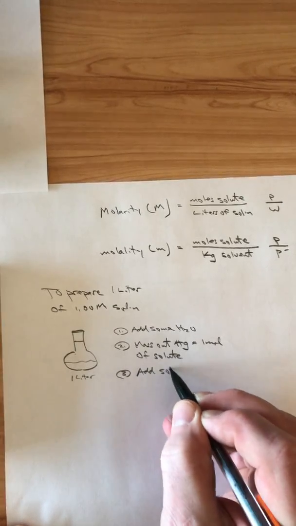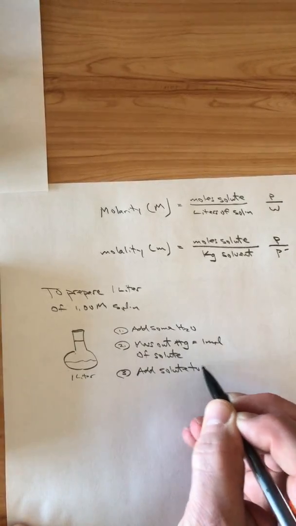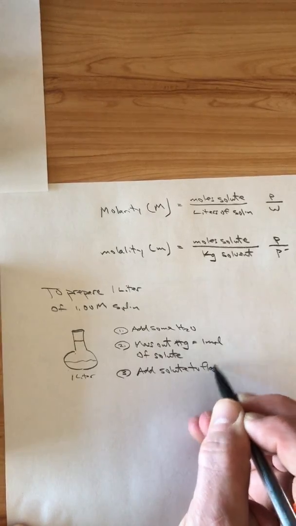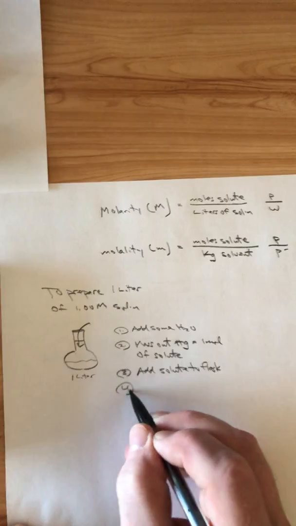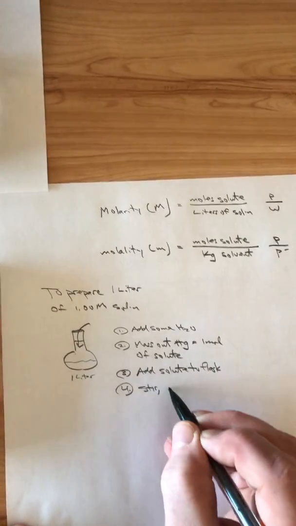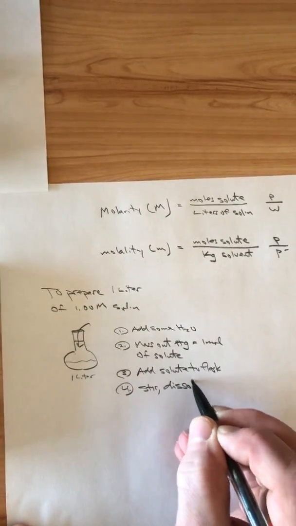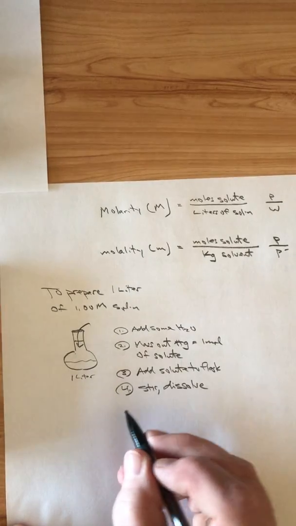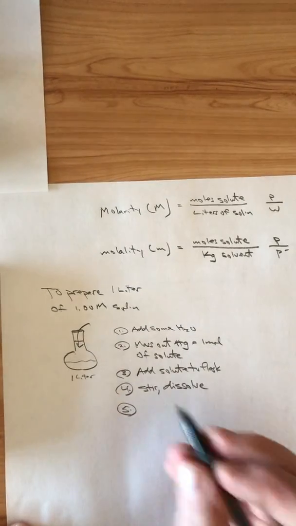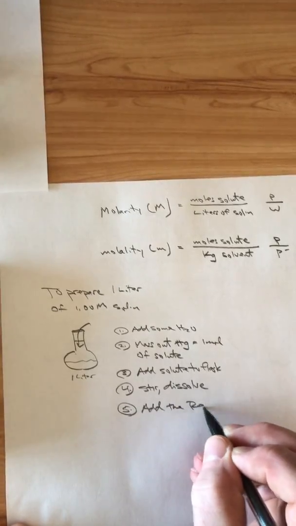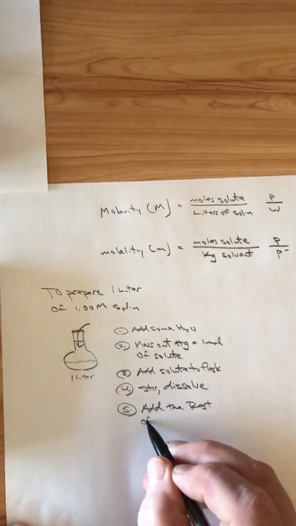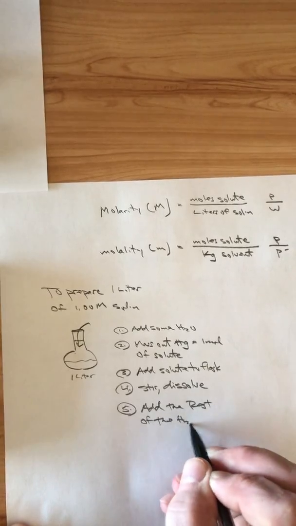Add your solute to the flask. Stir it around. Dissolve it. Then add the rest of the water.